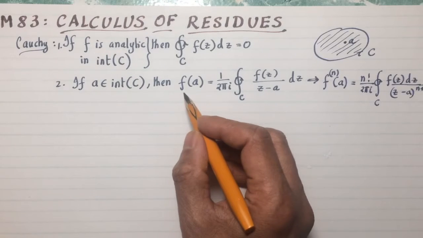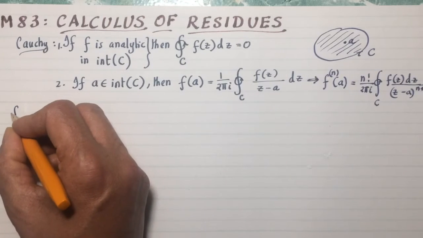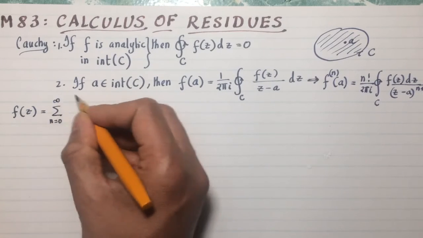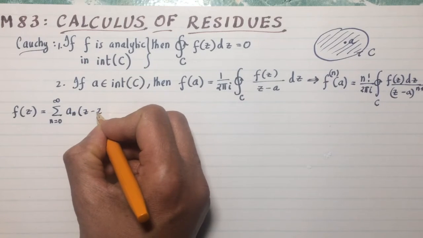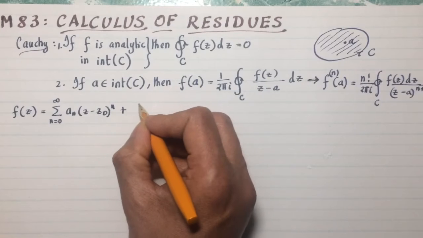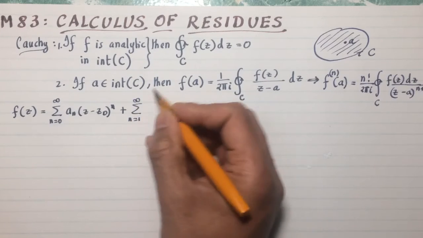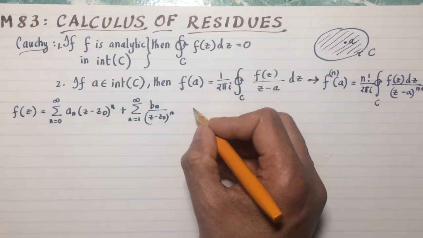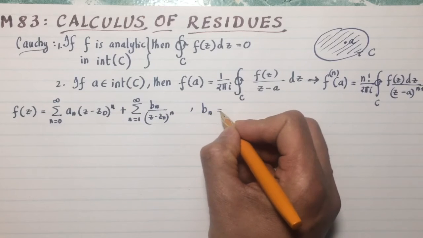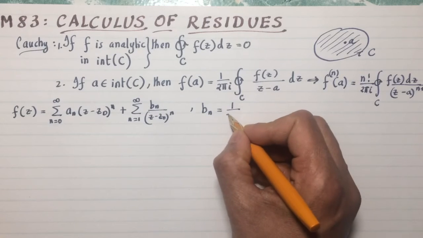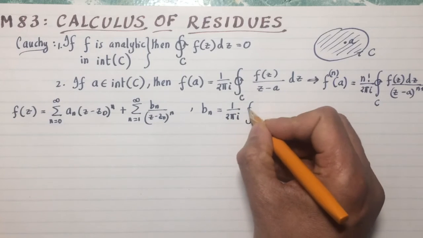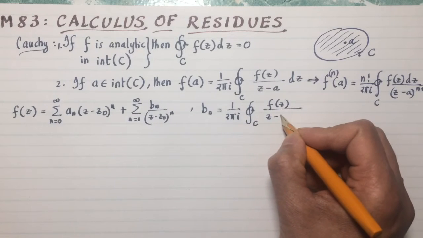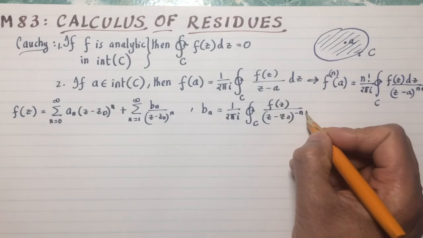If you have this function f that can be written in a Laurent series, the sum from n equals 0 to infinity of a_n times (z minus z naught) to the power n, plus the sum from n equals 1 to infinity of b_n over (z minus z naught) to the power n, you can show using Cauchy's formula that b_n is 1 over 2 pi i, the integral around the closed curve C of f of z over (z minus z naught) to the power negative n plus 1.